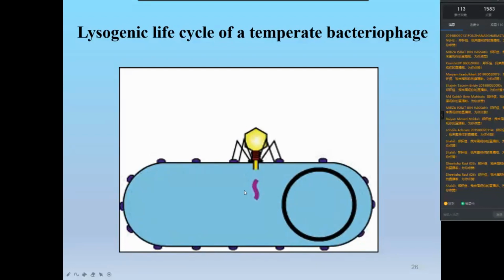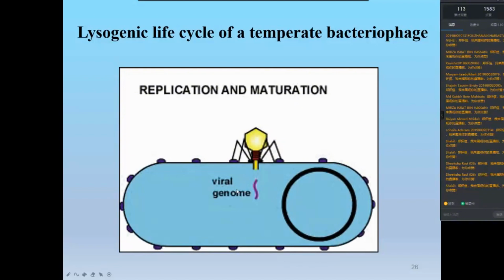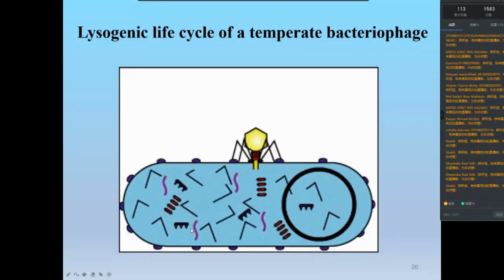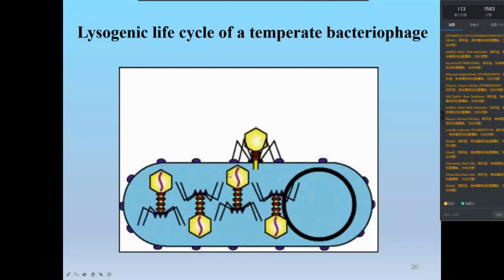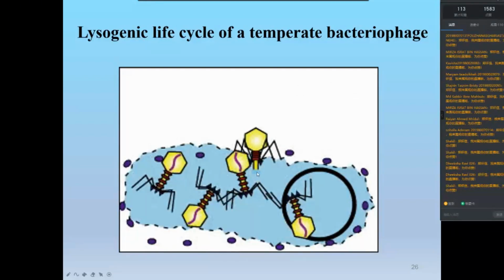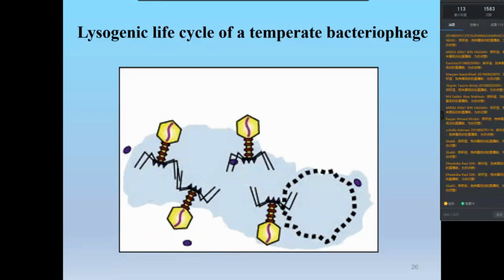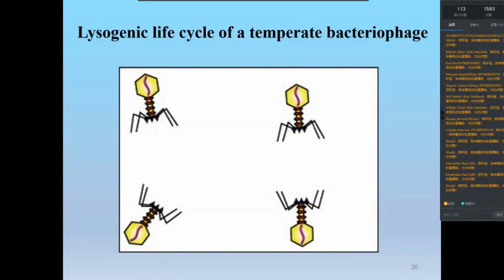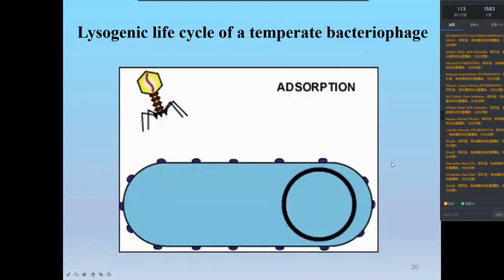And for some signal, the prophage will be kicked out, popped out, and duplicate, make a lot of copies, and also make components for the phage particle, and then release. And finally, it enters the lytic cycle and kills the host cell. This is the lysogenic life cycle. Okay.